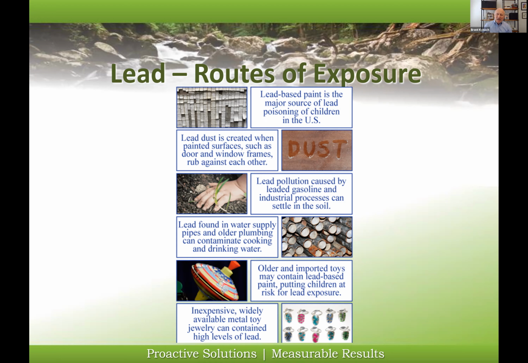We can also see lead exposure caused by leaded gasoline, which has been outlawed since the 70s, and any other industrial processes where lead might get in the air and then settle in the soil. We can find lead in water supply piping, and I'm sure all of us on here today remember the crisis in Flint, Michigan, where a change in the pH of the water allowed for a little bit more of an acidic pH, which allowed the lead that was part of the piping to leach out and get into the water supply.